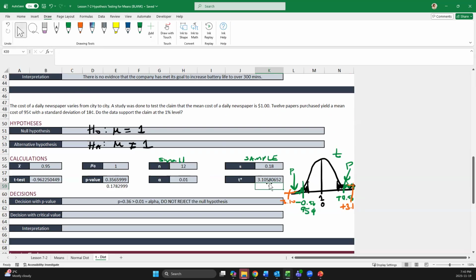Just to help you see the full picture of how this works, if you wanted to use just t.inv to get this answer, because alpha 0.01 should be included in both tails, if you want the number just in one tail, you'd have to cut the value of alpha in half.